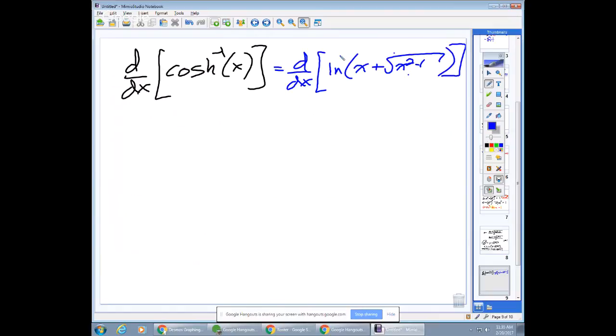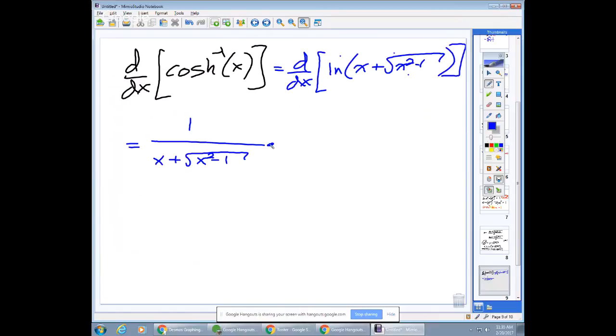The chain rule says start with the outermost function. The outermost function is the natural log. The derivative of the natural log is 1 over, so I'm going to get 1 over the interior, which is x plus the square root of x squared minus 1, times the derivative of the interior.